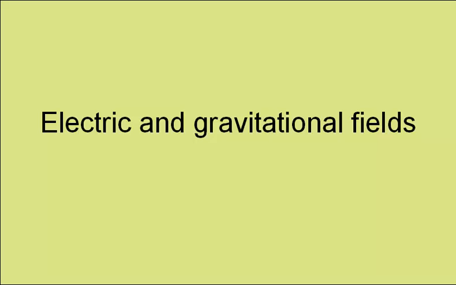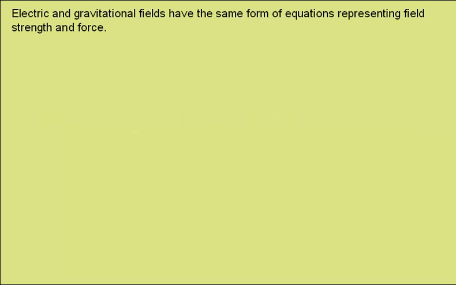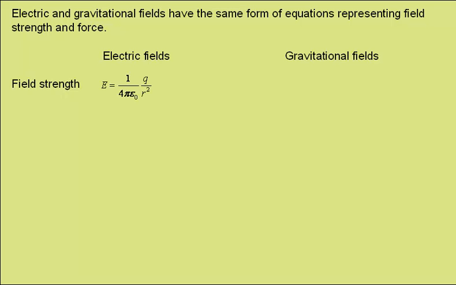Electric and gravitational fields have the same form of equations representing their field strength and their force. Comparing the two, first for field strength: an electric field, E, is given by 1 over 4 pi epsilon naught times the charge Q over the separation R squared.